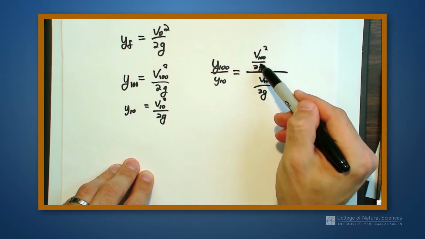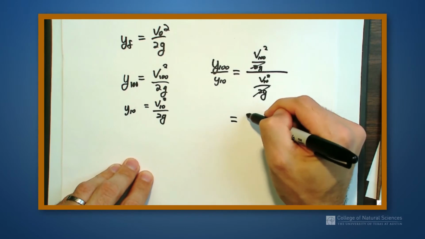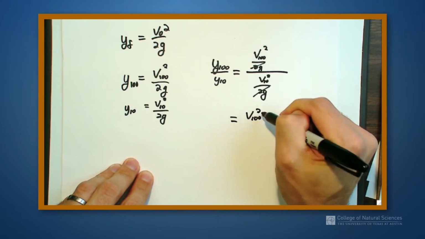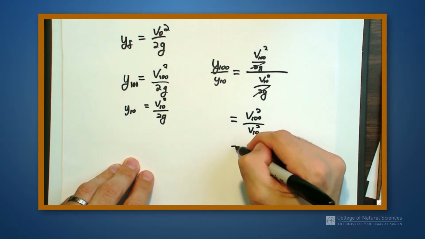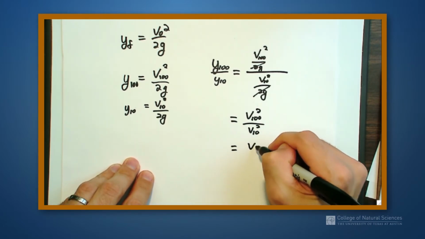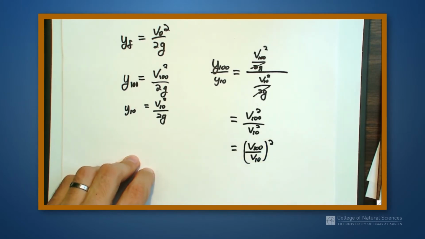Well, this is something over 2g. This is something over 2g, so they cancel. So this is v100 squared over v10 squared. So it's really just the ratio of v100 over v10 quantity squared.